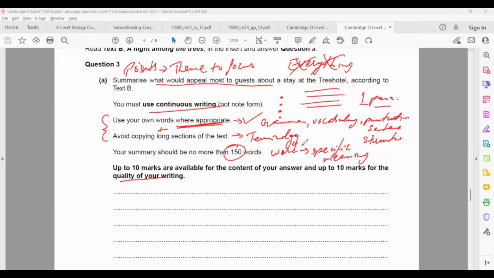In those few cases, you can just use that word and you won't be penalized. But those are few cases.